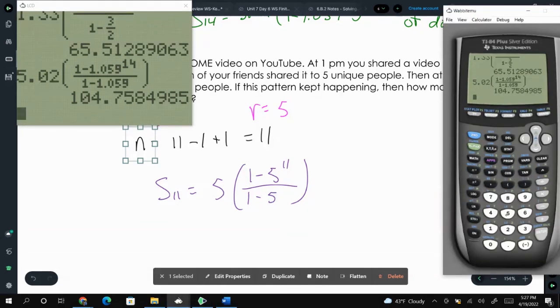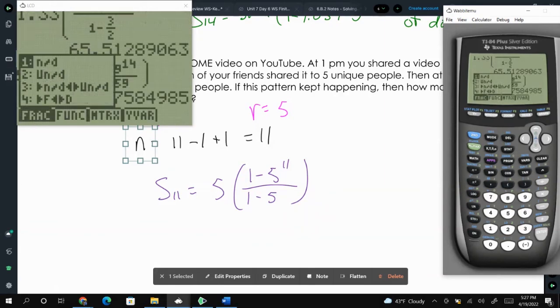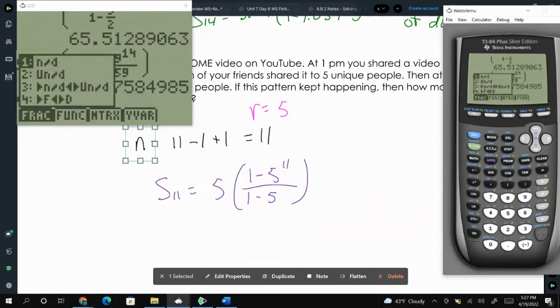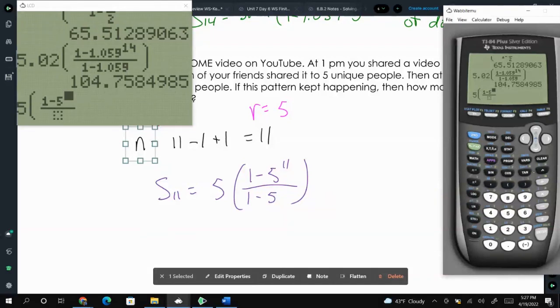And again, we will type that into our calculator. 5, and then parentheses, 1 minus 5 raised to the 11th power over 1 minus 5.